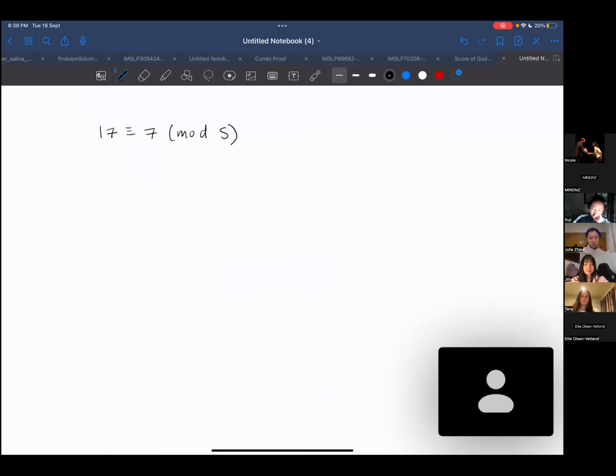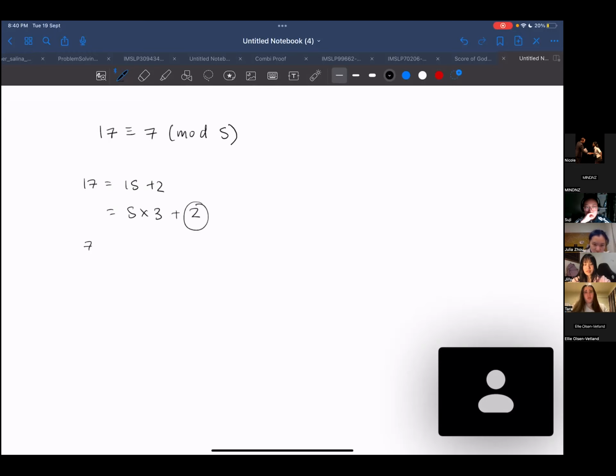Do we also see why that's true? Because they share the same remainder when they're divided by 5. 17 equals 15 plus 2, which equals 5 times 3 plus 2, so you get a remainder of 2.